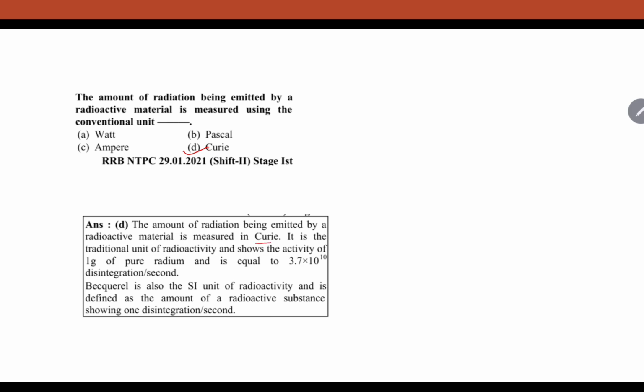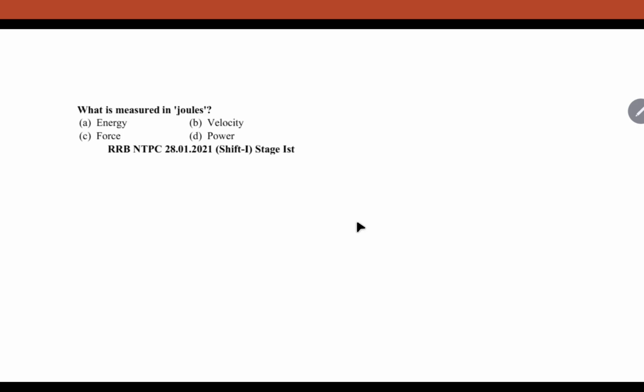It is the traditional unit of radioactivity and shows the activity of 1 gram of pure radium, and it is equal to 3.7 into 10 to the power of 10 disintegrations per second. Becquerel is also a unit of radioactivity, and it is defined as the amount of radioactive substance showing 1 disintegration per second. The next question.